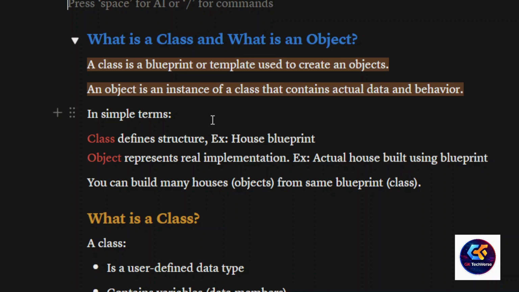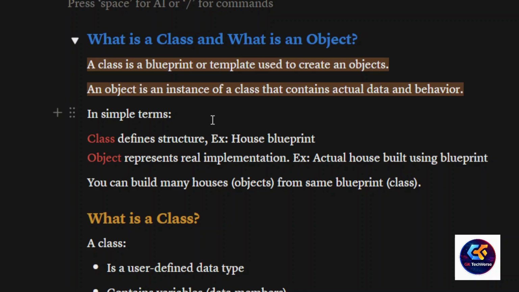For example, it's a house blueprint. Object represents real implementation. Using that house blueprint, we can actually build real houses. You can build many houses from the same blueprint.